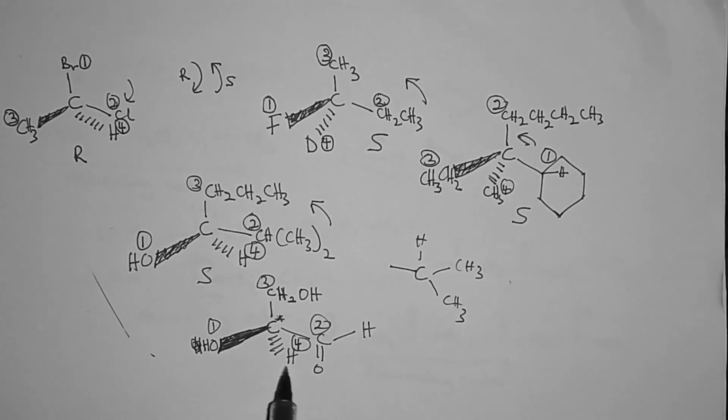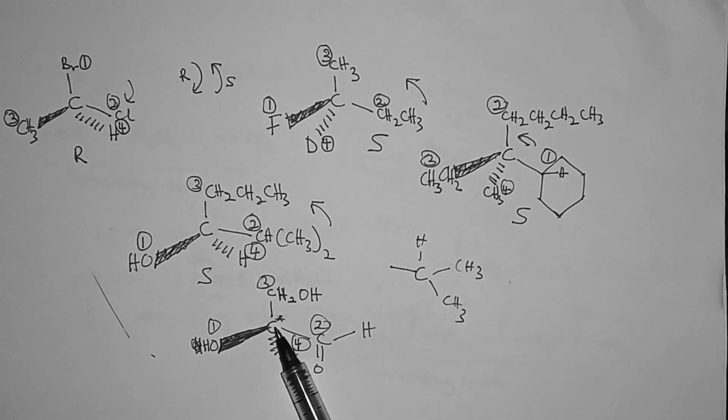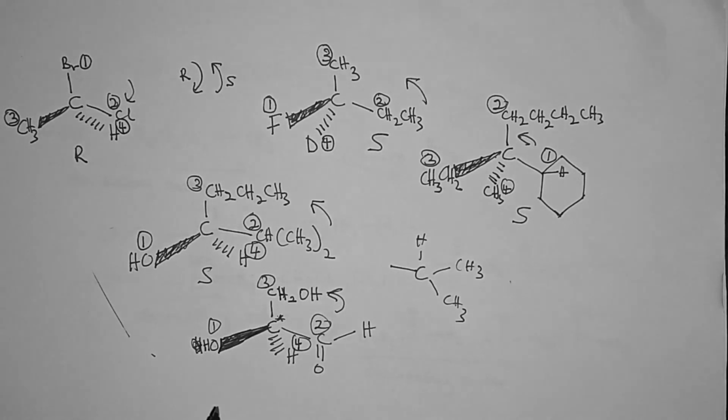We said that the least group must be pointing away from us, so it must be on the dash bond, and it is just exactly like that in this situation. So you cover the least group and you determine the direction in which it is rotating. So if we cover the least group, this becomes 1, 2, 3 in the anti-clockwise direction. So this is also an S configuration.